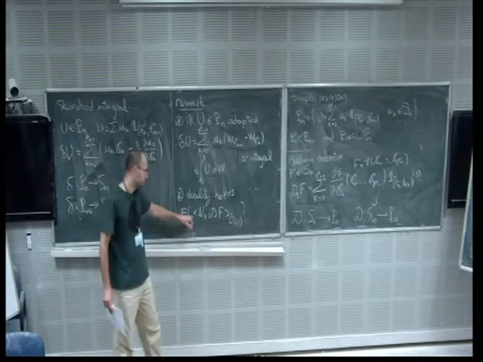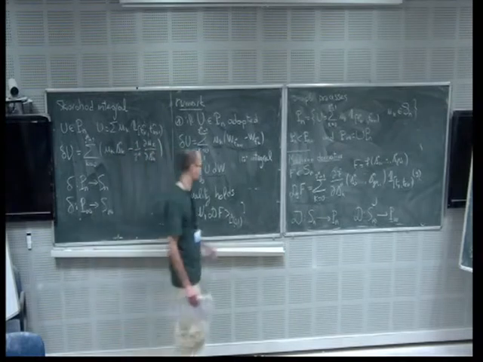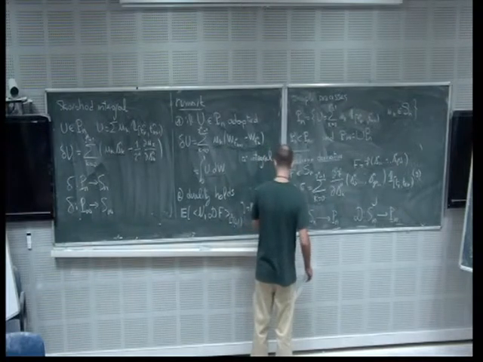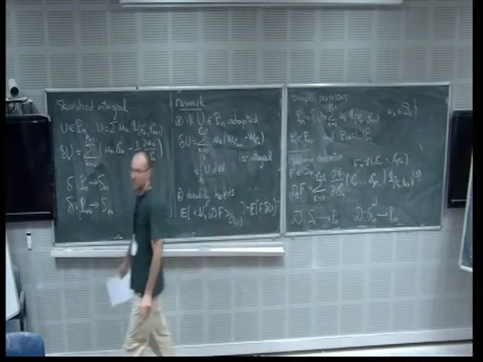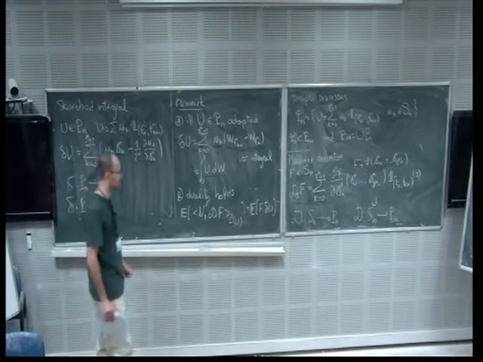We take expectation. This expectation is finite because they are both in L2 of omega, and this is equal to the expectation of f times the Skorokhod integral of U.